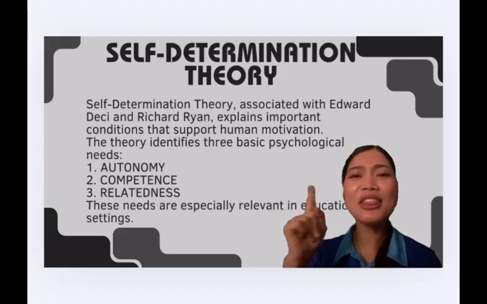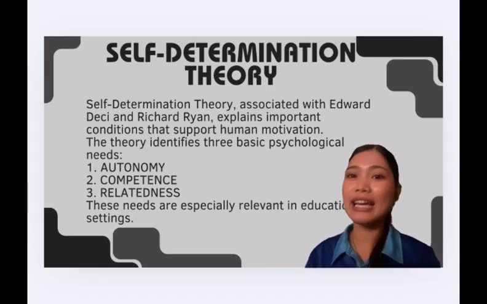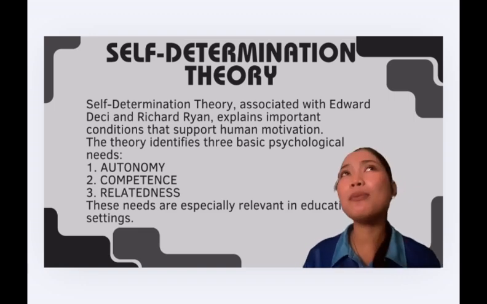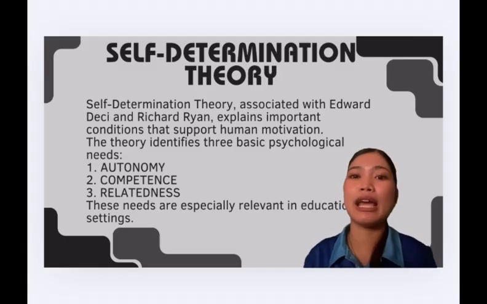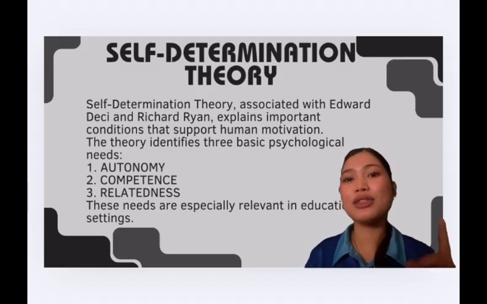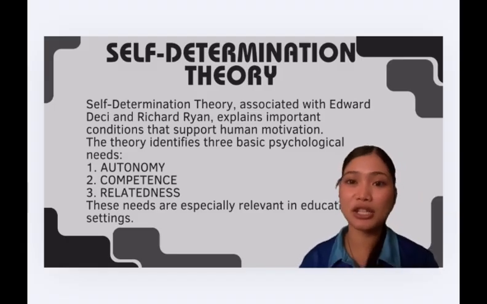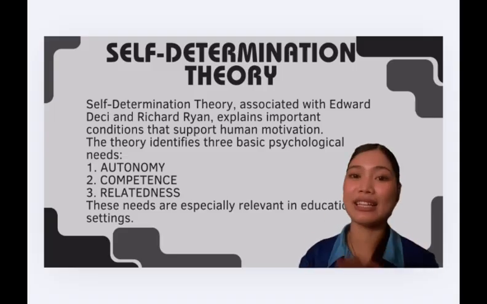Alright, so one theory that helps us understand motivation more deeply is self-determination theory. This theory helps explain the conditions that support motivation. It identifies three important psychological needs: autonomy, competence, and relatedness.